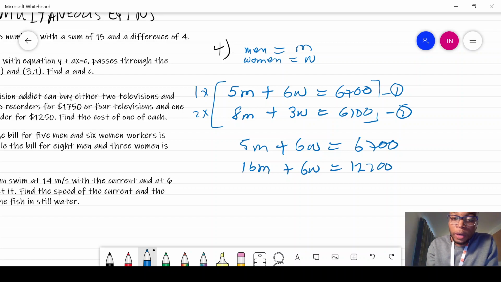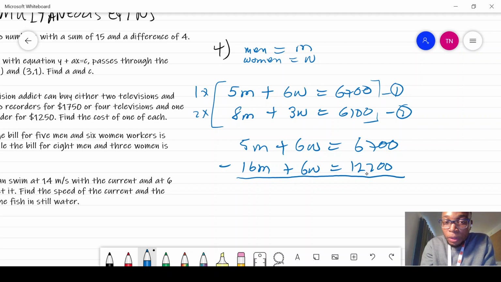So now we can easily subtract the two to eliminate the W. So 5 minus 16M is minus 11M. Then we have a 0 there, is equal to 6,700 minus the other value that we have right there.